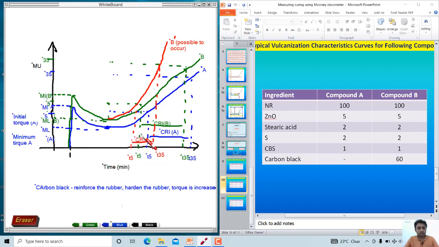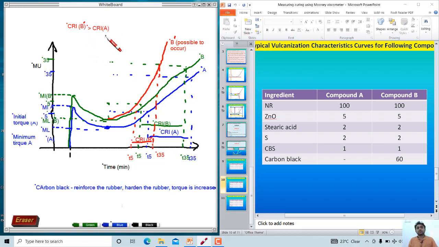Now what is the difference? CRI of B dash. If so, CRI of B dash is greater than CRI of A, right?